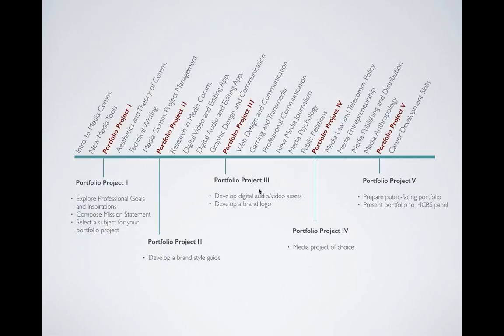So you'll actually now fill in that logo section that we left blank back in Portfolio Project 2. And then you'll get to create a digital video asset that's related to your subject in some way. So you have a lot of creative freedom in this case, because all I need to see is a digital video asset that's well constructed and has some competent editing and transitions.